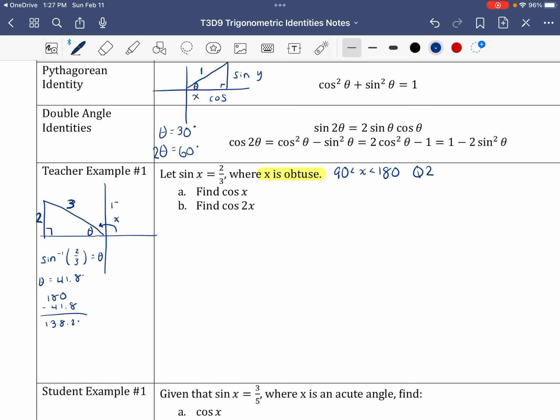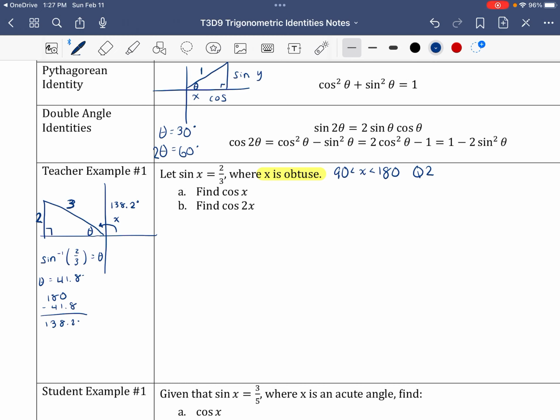So that's what our x value is, right? 138.2 degrees. And theta and x is actually not that important, right? None of our questions is asking what is x, what is theta. It just gives us a frame of reference of what we're working with and looking at right now.